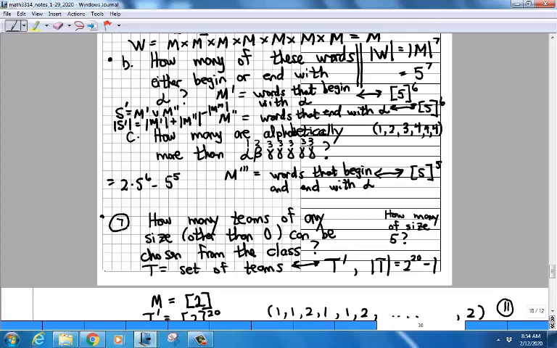Could you create a set of everything bigger when the first letter is alpha, and then everything that starts with beta, everything that starts with gamma, everything that starts with delta, and then have a union of all of them? Yeah, that's sort of what I'm getting at, to try to be a little bit more systematic about it.